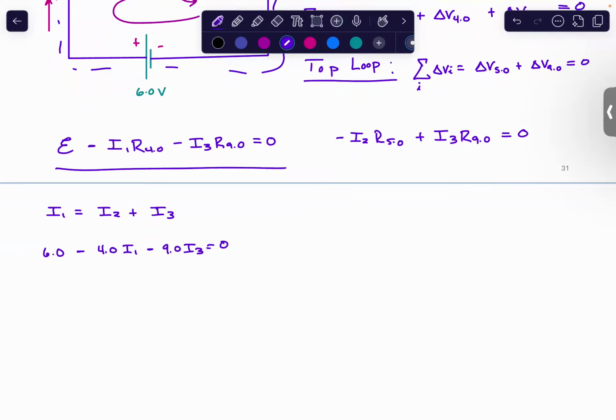And then my other loop is negative 5 I2 plus 9 I3 equals 0. So these are the 3 equations I can use to find I1, I2, I3.